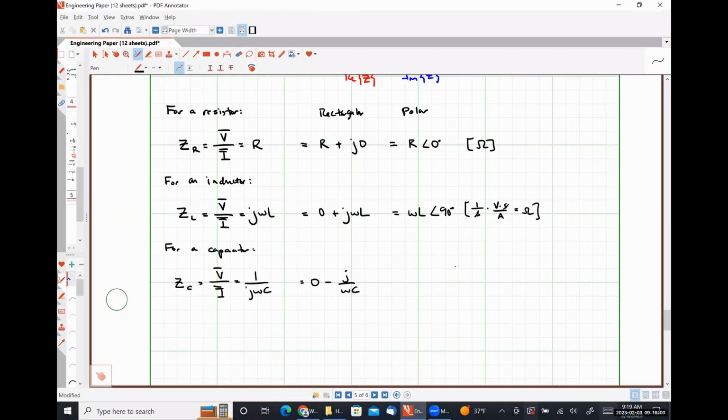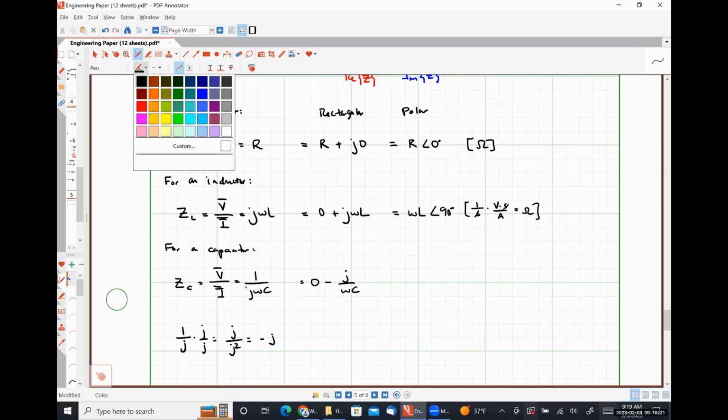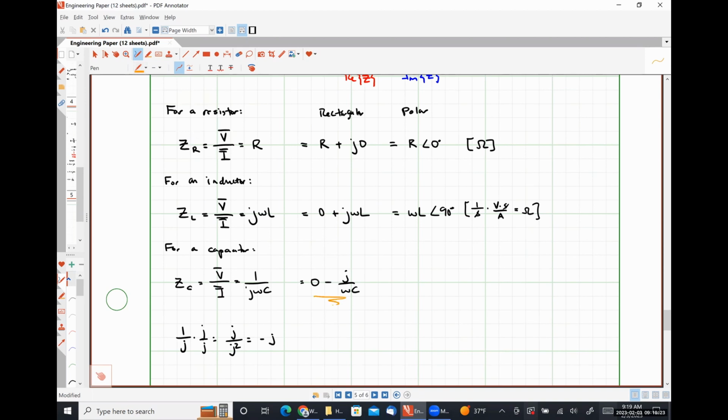I'll do that down here, right? So 1/J, if I multiply that by J over J, looks like J over J squared or negative J. Okay, so I'm putting it in this form specifically because we should always consider capacitances to have negative reactances.